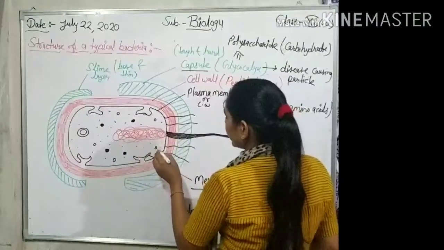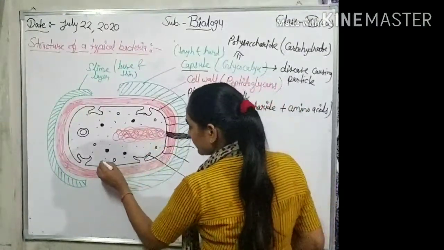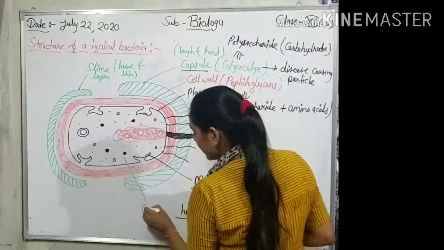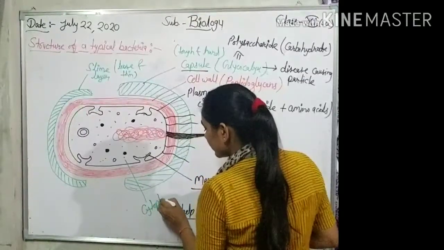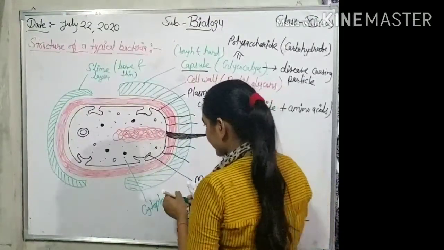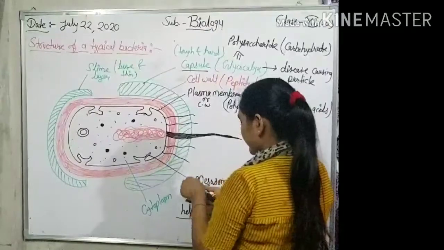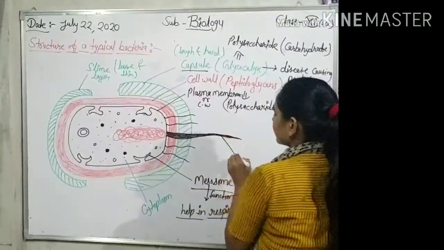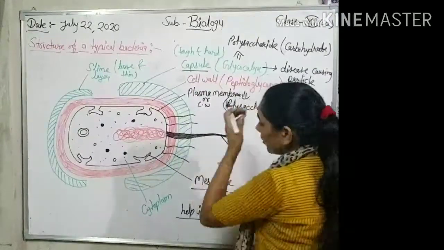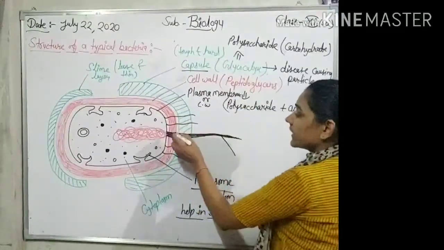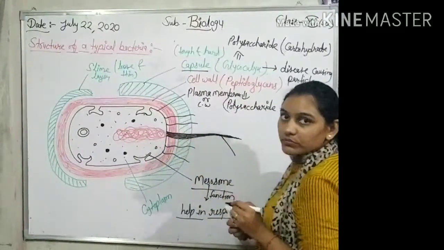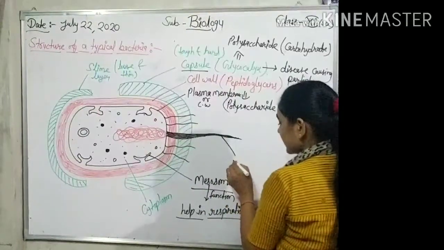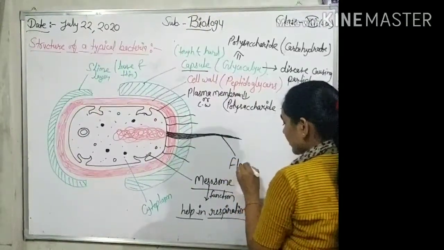Green fluid matrix is called cytoplasm, and a long filamentous or thread-like structure emerges out from the cell which is known as flagella.